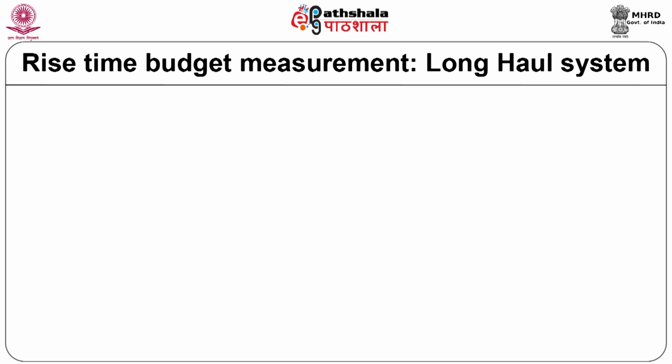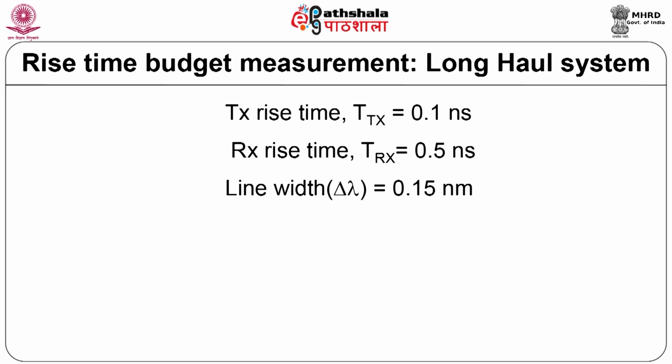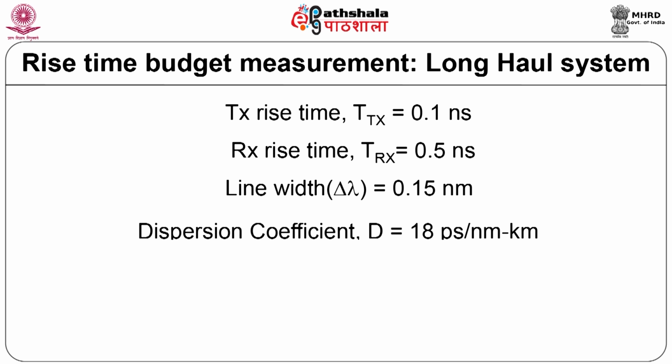Rise time budget measurement for long haul system. Let Tx rise time be 0.1 nanosecond, Rx rise time 0.5 nanosecond and the line width delta lambda 0.15 nanometer. Dispersion coefficient D is equal to 18 ps per nanometer kilometer. Fiber length 150 kilometer.